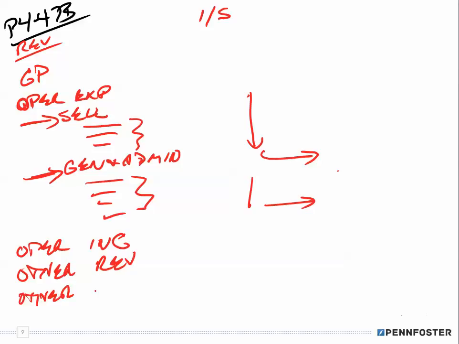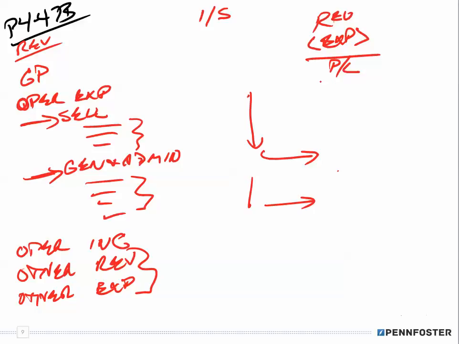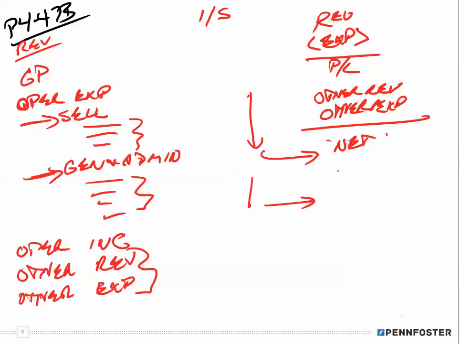And again, this is an expansion of the idea of revenue less expenses to give a profit or loss. But then if we have a lot of financial responsibilities, we can have other revenue here, and then other expenses here to give us our net income, our net profit or loss.